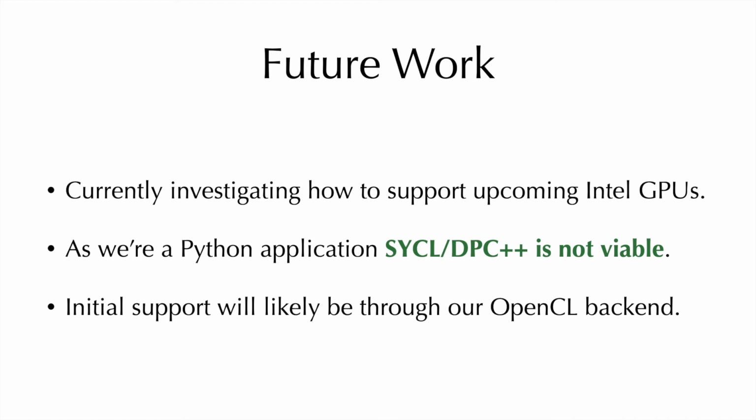We need a C API that can be wrapped and called from Python rather than a bespoke language such as DPC++. As such, our initial support for the upcoming Intel GPUs will be the same way we support their iGPUs, which is through our OpenCL backend. But with the caveats that this will probably mean we will not be able to get good performance for simulations that involve dense operator matrices and really need a vendor BLAS library.